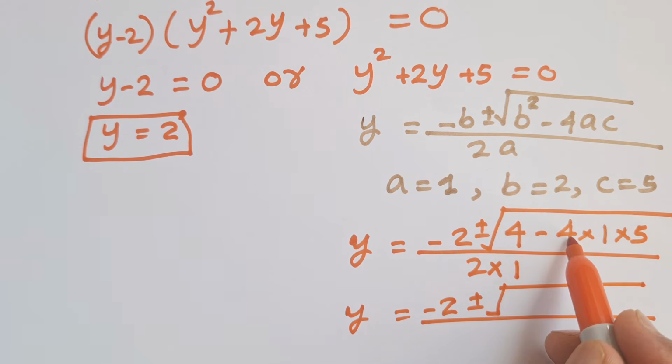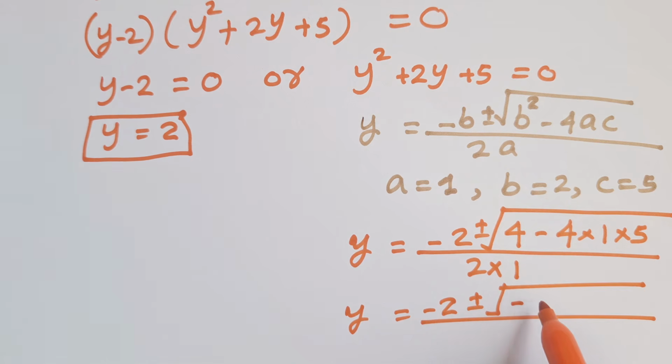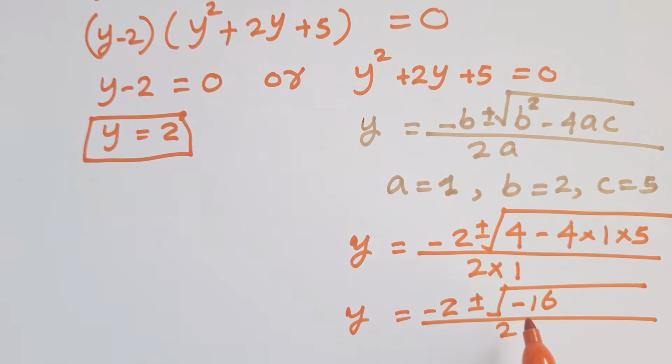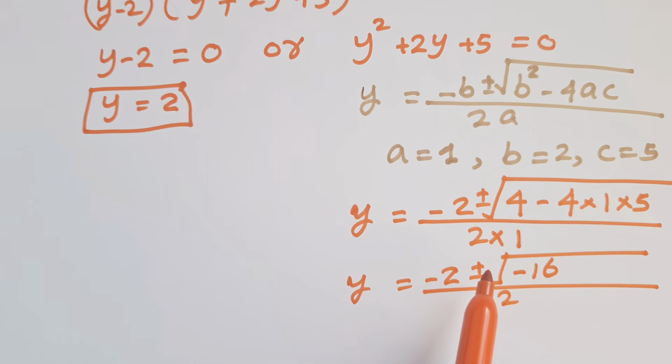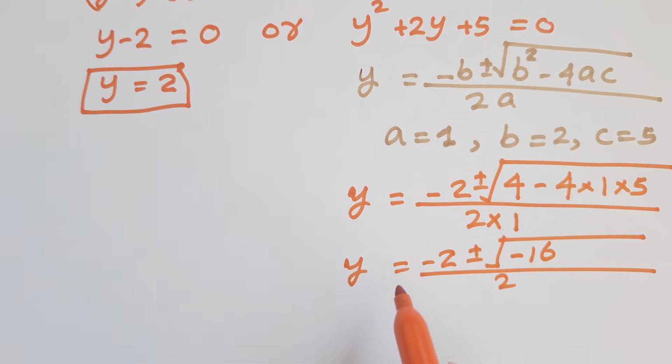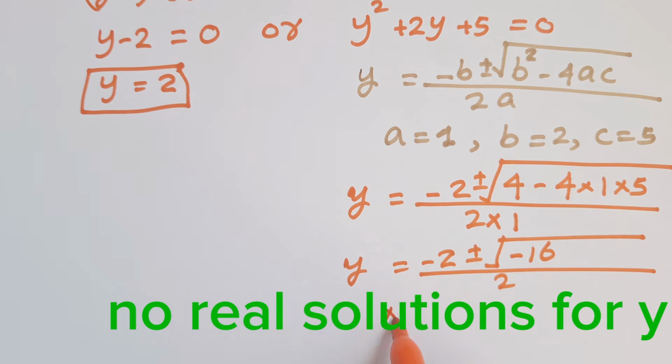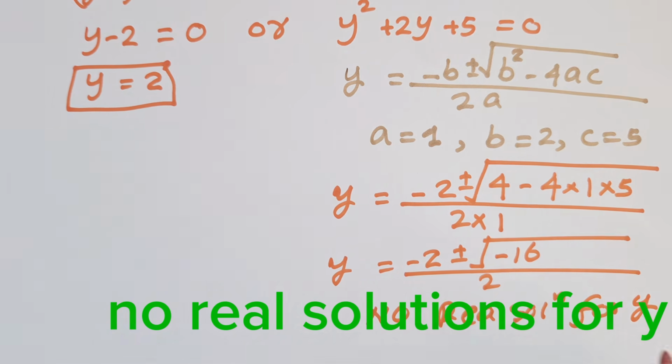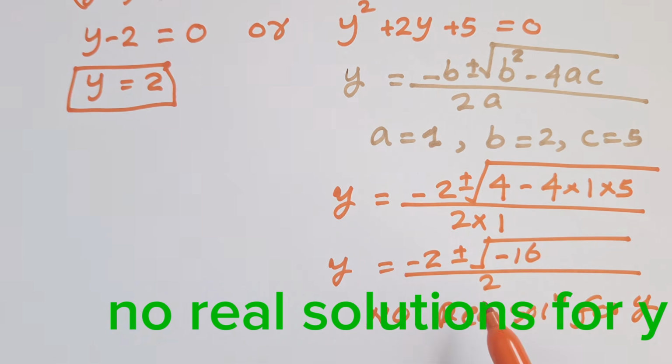Here inside the square root we have 4 times 5 is equal to 20. 4 minus 20 is equal to minus 16. So inside the square root we have minus 16. So it is very clear that there is no real solution for y in this case. So we don't have to provide complex solutions for y, so we don't need to consider this case furthermore. So we have only one real solution for y, which is y is equal to 2.